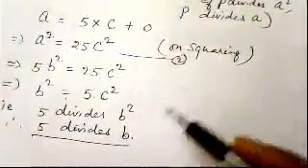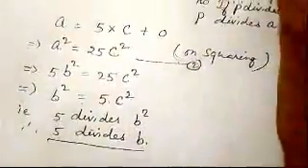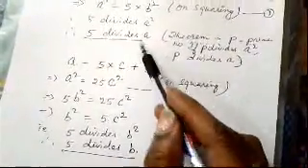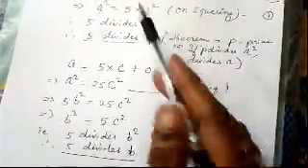That means this contradicts the statement root 5 is equal to A upon B, which you can call statement number A. So with the help of these two we have proved that A and B have some common factors.